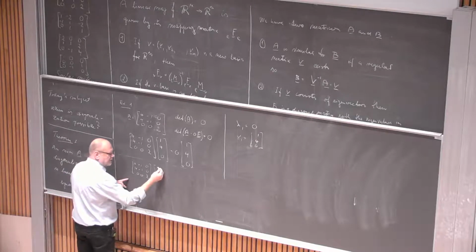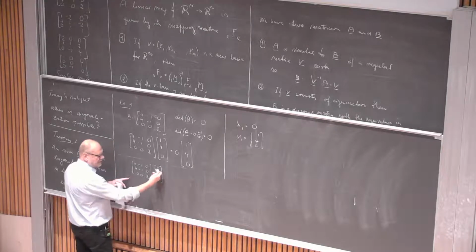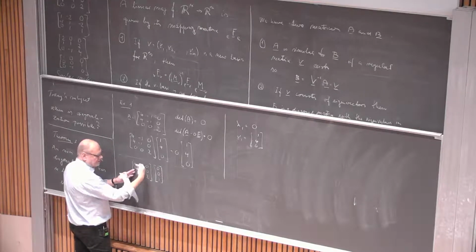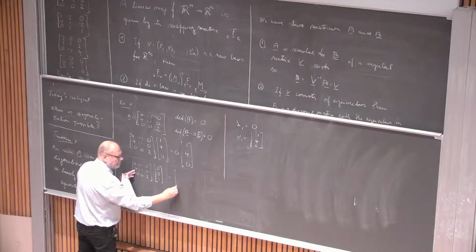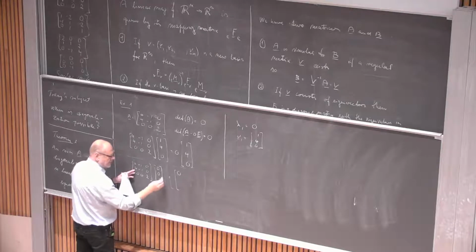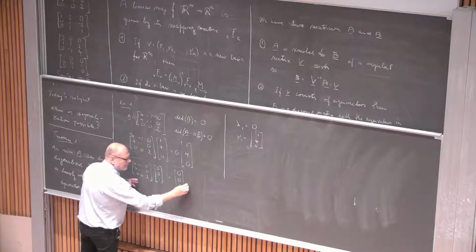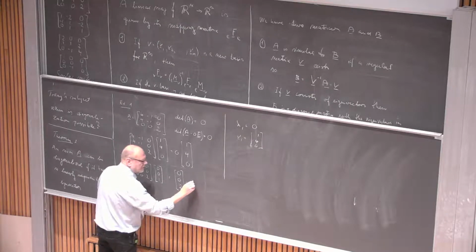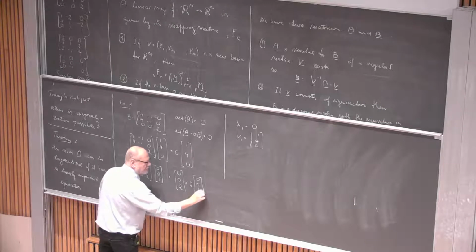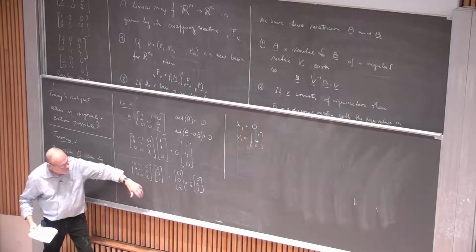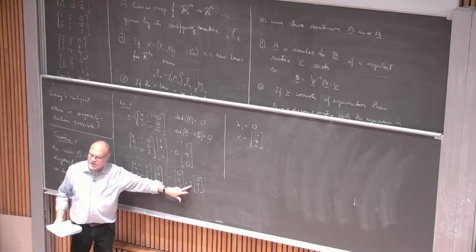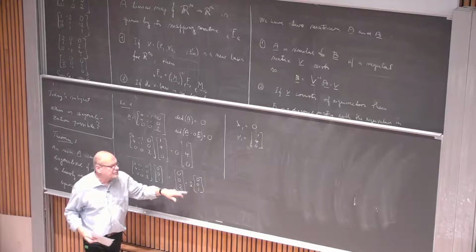If you take a vector here with 0 at the first two positions, then you will get 0 at the corresponding positions here and here. But here you will get the value 2. But this is equal to 2 times 0, 0, 1. So you can see that this vector here, 0, 0, 1, is an eigenvector corresponding to the eigenvalue 2.